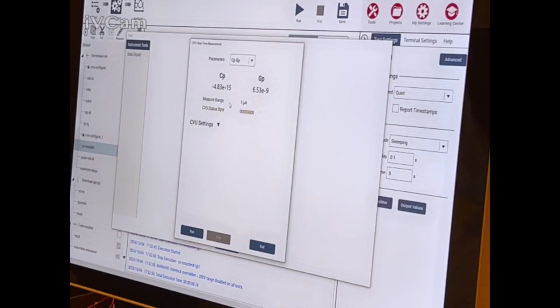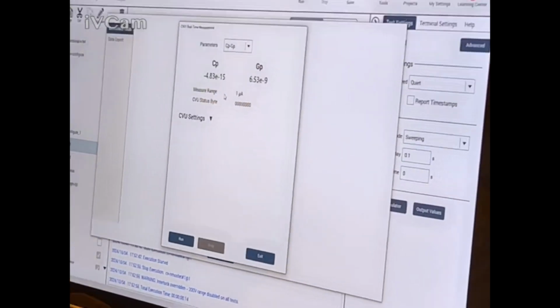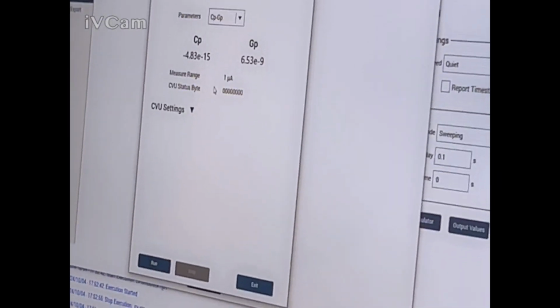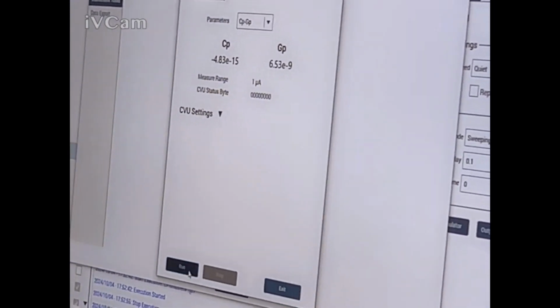What frequency are you measuring? Megahertz. Megahertz. Okay, that's high frequency.